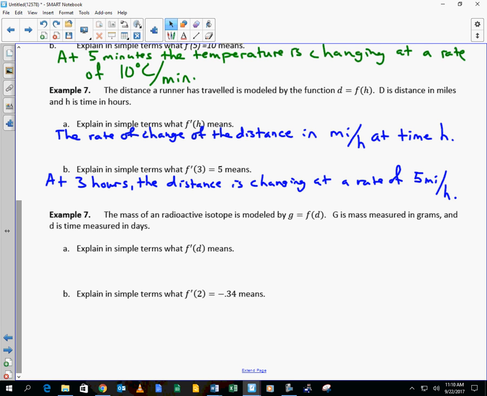Now, we can't relate everything to speed. But here's the things that you have to have, folks, as you're writing it. At a specific time. This is extremely important. Don't say over the course of a given time or over the span or in this time frame. No, it's at that time, and make sure that you put a label and make sure you use the term rate. Extremely important. You try the last one on your own.